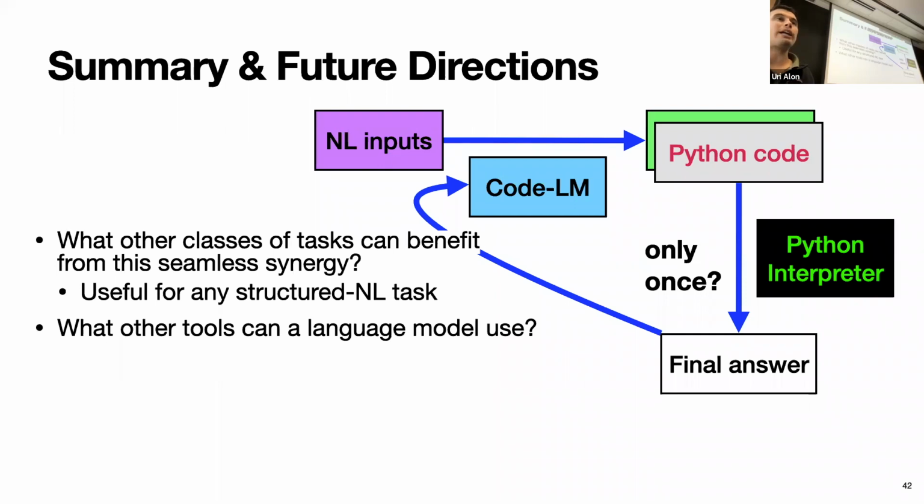Another direction is what other kinds of tools a language model can use in order to accomplish its mission. So a Python interpreter is just one tool, a very powerful tool, but maybe there are many other kinds of tools.